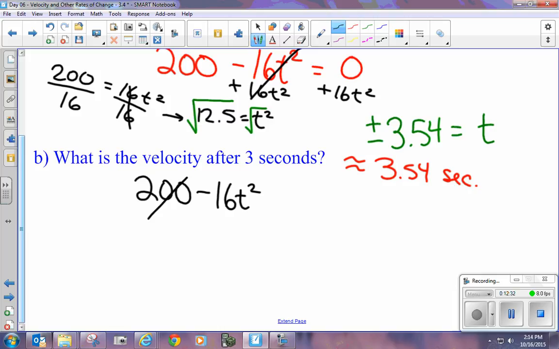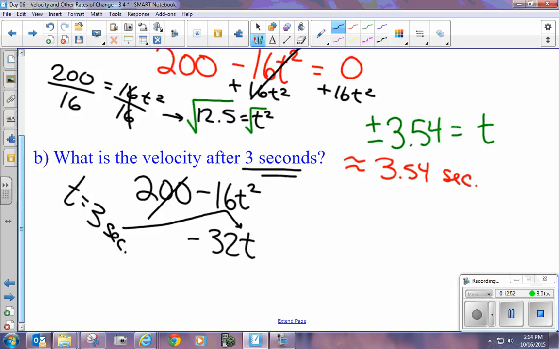This goes to 0, this is negative 32t. And after 3 seconds? 96. Yeah, this tells me my t. My time is 3 seconds. Negative 32 times 3, which is negative 96.